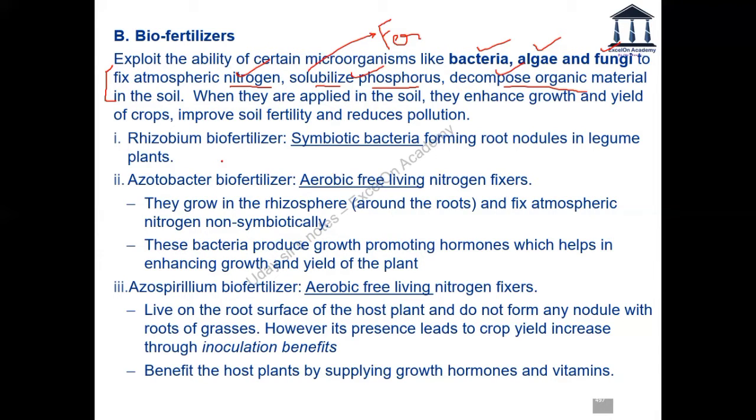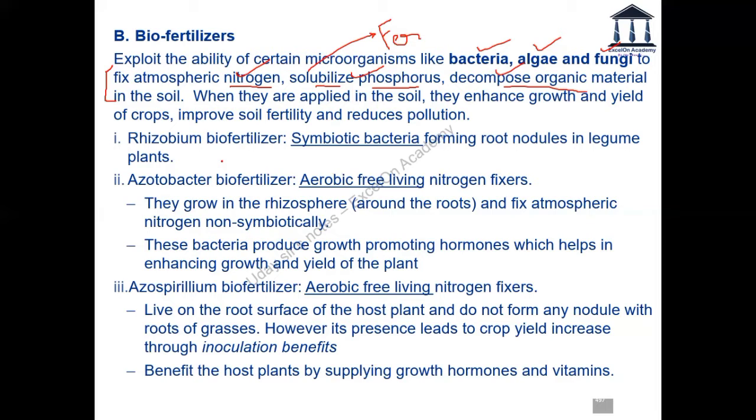Now, when it comes to biofertilizers, especially these microorganisms, there are two types of microorganisms here. One set of microorganisms, let's take the example rhizobium. So I have underlined the word symbiotic bacteria. It is symbiotic.